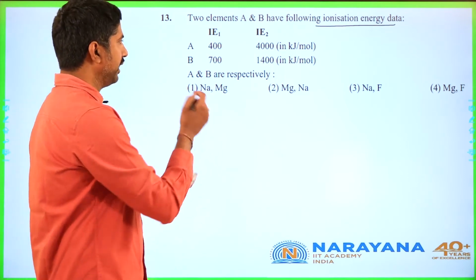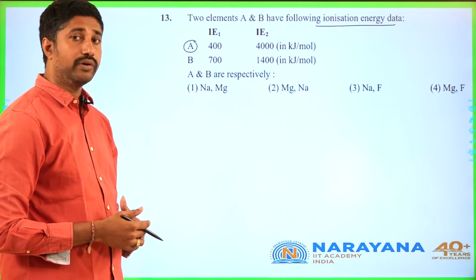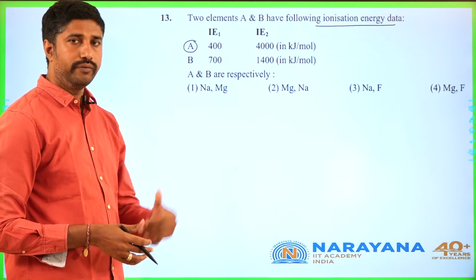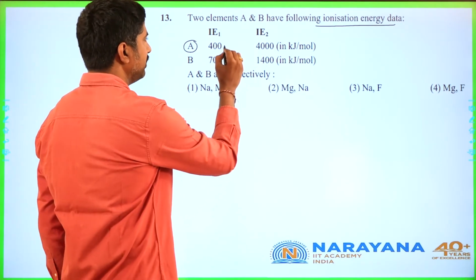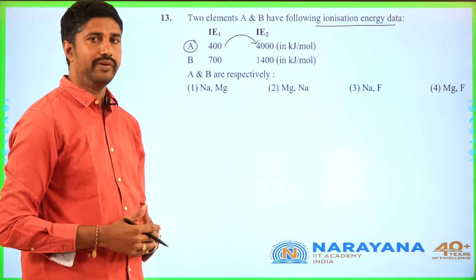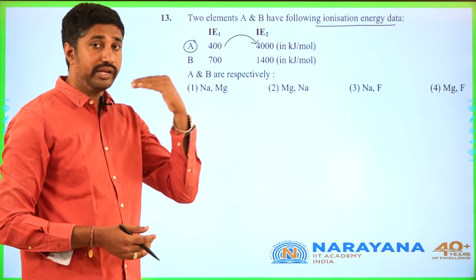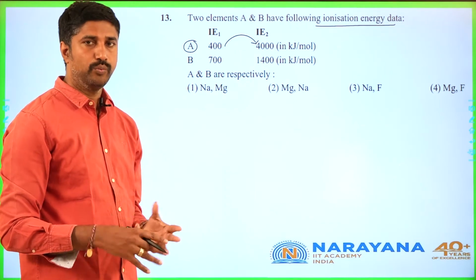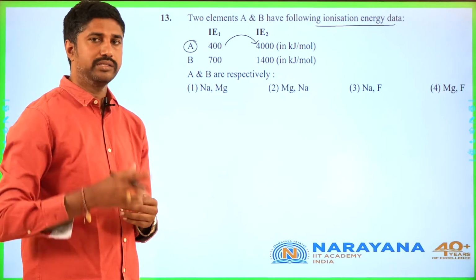Right. Examine the first ionization potential data for the first element A, that is 400 and 4000, ionization potentials 1 and 2. There is a huge jump between 1 and 2. If there is a huge jump between 1 and 2, it means you can remove the first electron easily, but removing the second electron is much more difficult, so we can predict it may have only one valence electron.